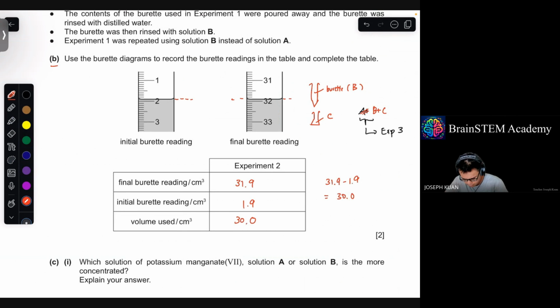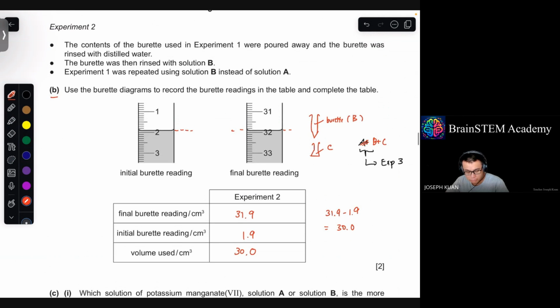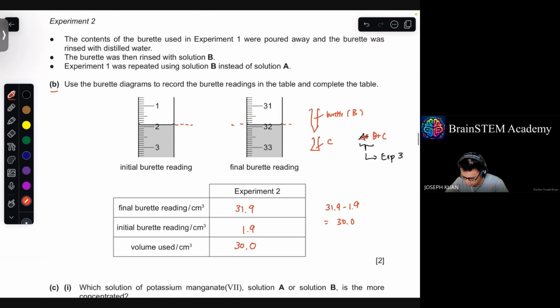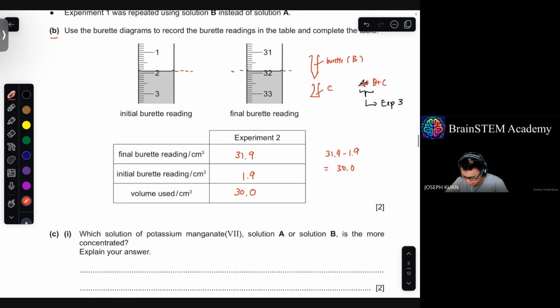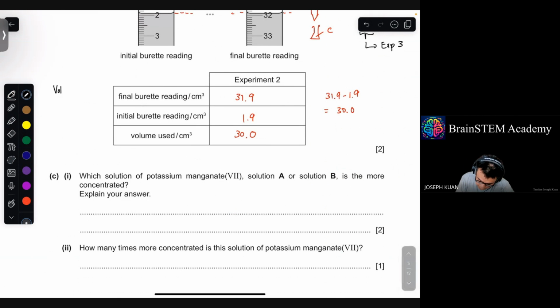So C1. Which solution of potassium manganate 7, solution A or solution B, is the more concentrated? Explain your answer. So this is a titration reaction, essentially. And what we see here is that the volume of B is 30.0 cm³, and volume of A is 15.0 cm³.